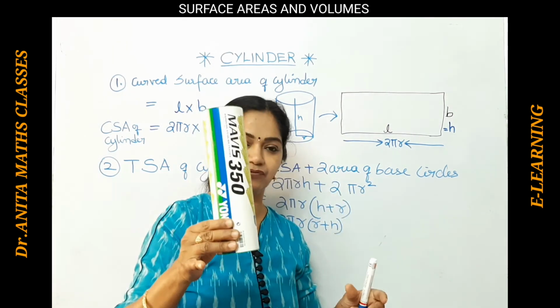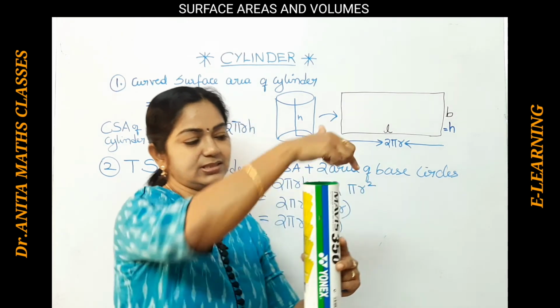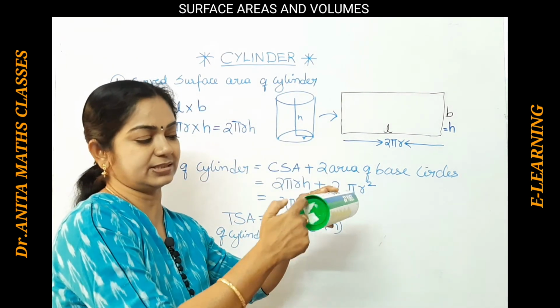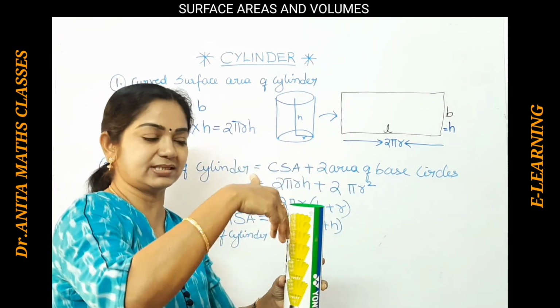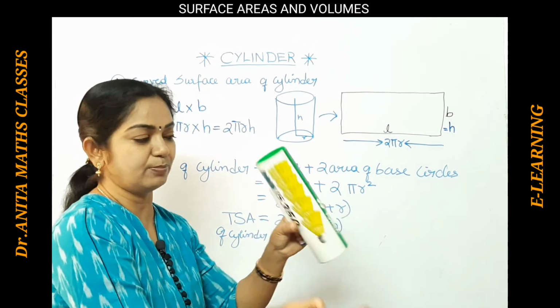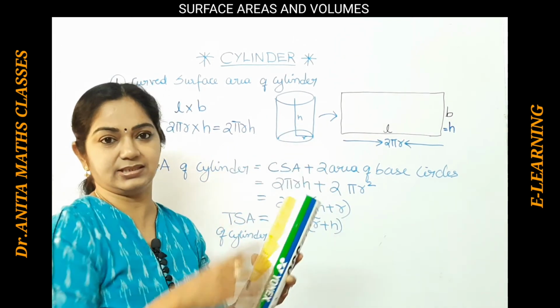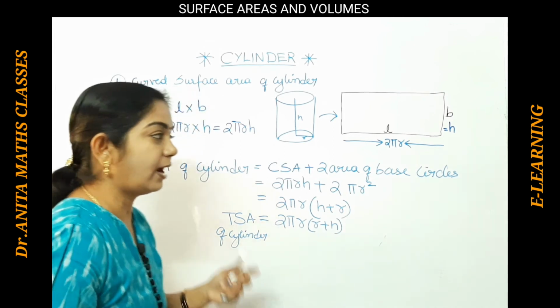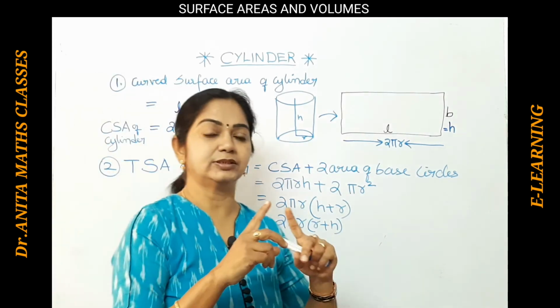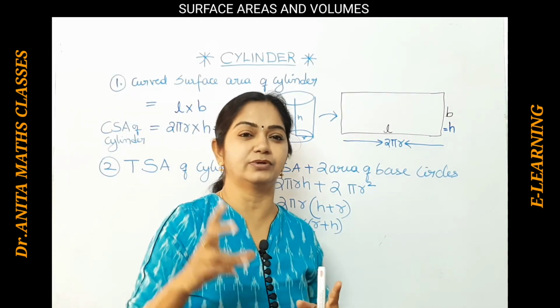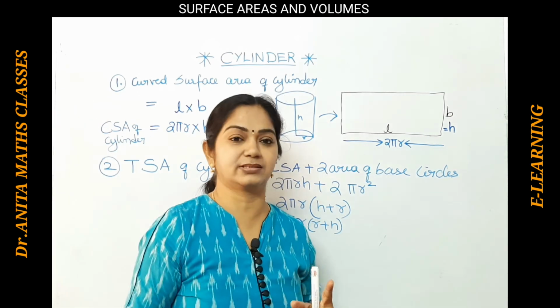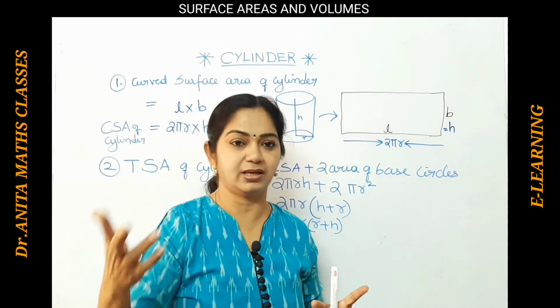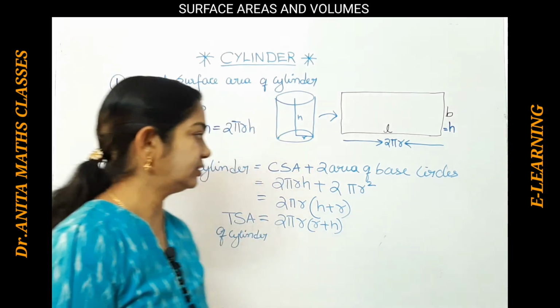Okay, this is also in the form of a cylinder. Now you can see there is a curved surface area and base circles here. So to find the TSA, we have to find the area of both the circles, and the CSA. Right. Also, you can take the example of water tanks. Usually they will be in round shape. That is also a cylinder in shape.